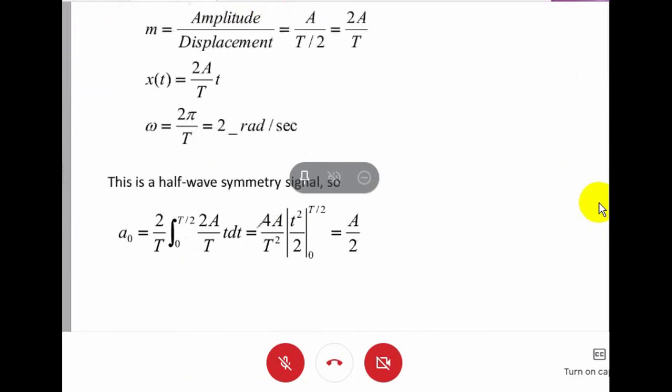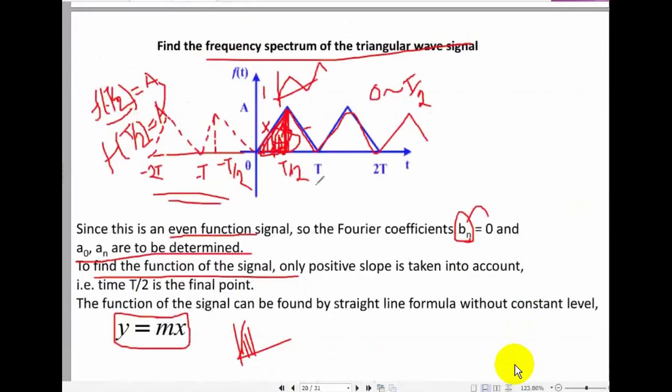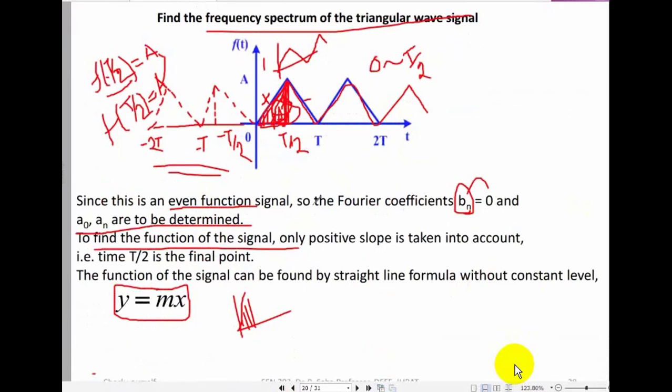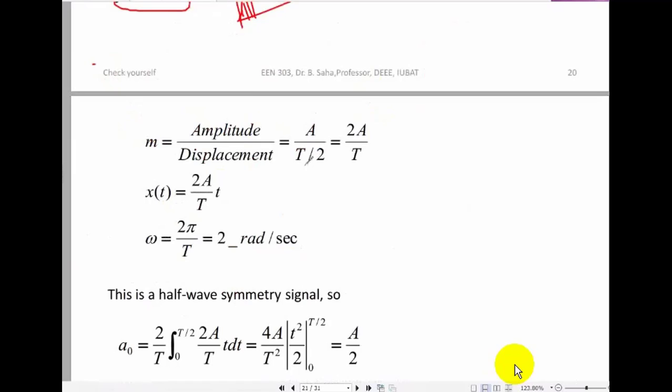So m is amplitude divided by displacement. Amplitude is A, you can see, and distance is T by 2. Here, A divided by T by 2 is twice A by T. This is the slope.